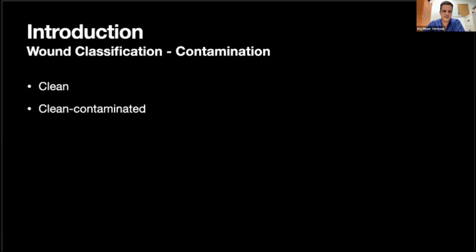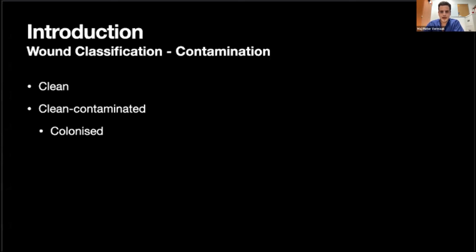So that would be a clean contaminated wound. And then if you look at more chronic wounds, it may have been there forever. It may not be infected, but it'll certainly be colonized. And that just means there are bugs in the wound sitting there and living away, but they have not reached the threshold of actually infecting the tissue around them.